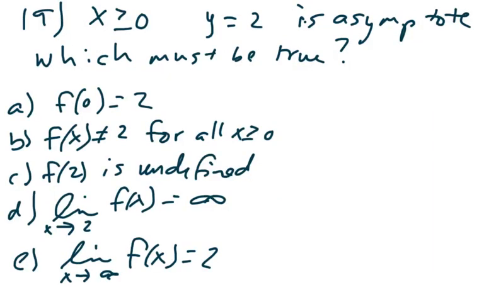Question number 19. Now, 19 is one that a lot of people commented on, asking why it can't be choice B. Well, I completely understand your question.